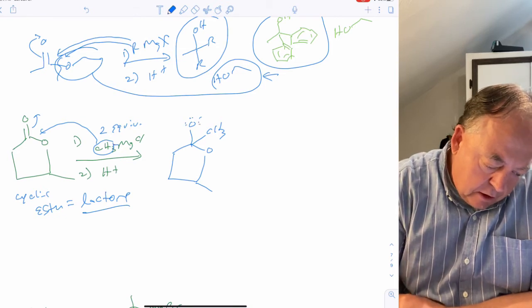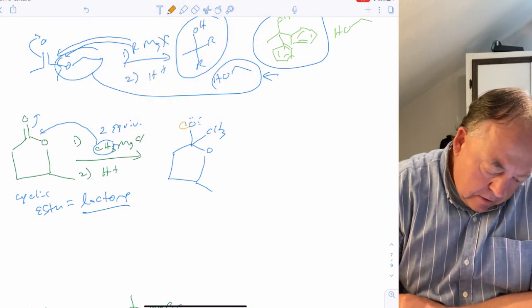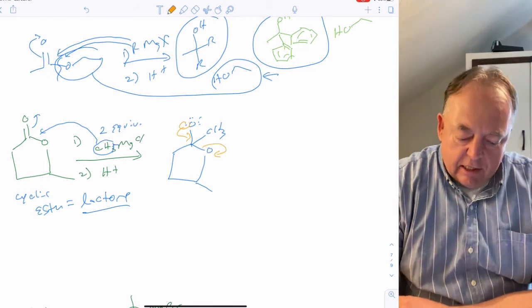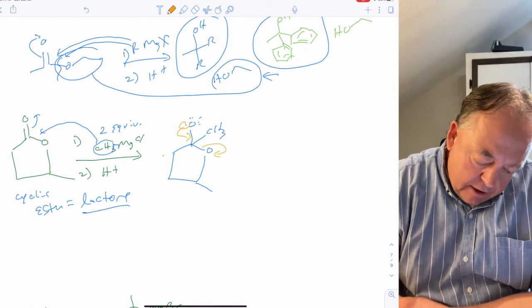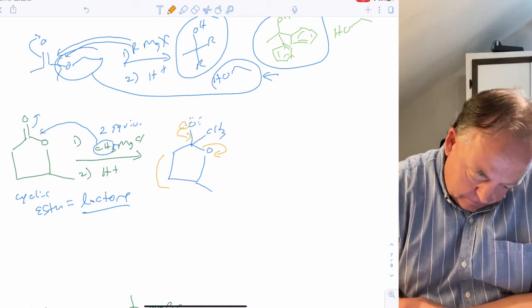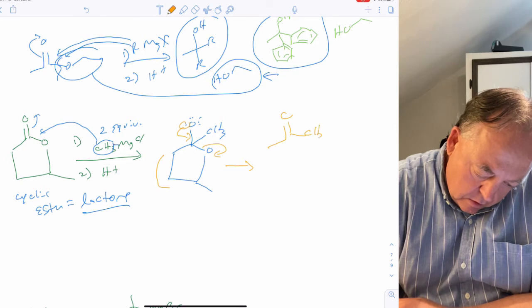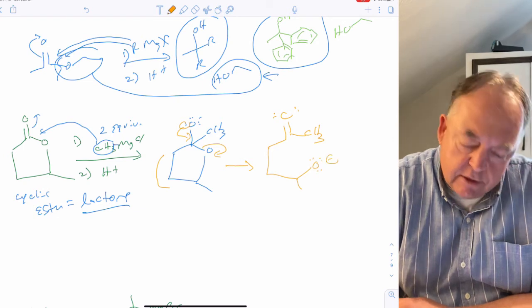All right, but then you're going to remake the double bond, and the OR group is going to leave, but it's going to remain tethered to the molecule because of these carbons. All right, so now you have that.